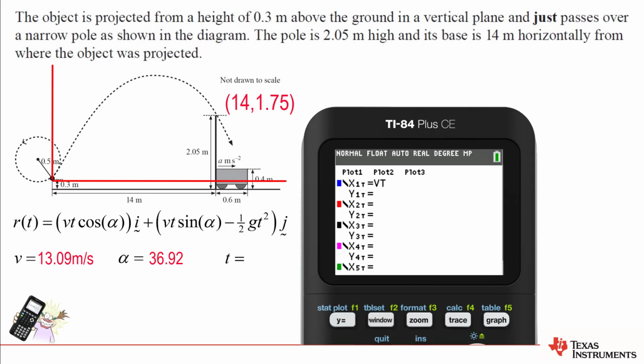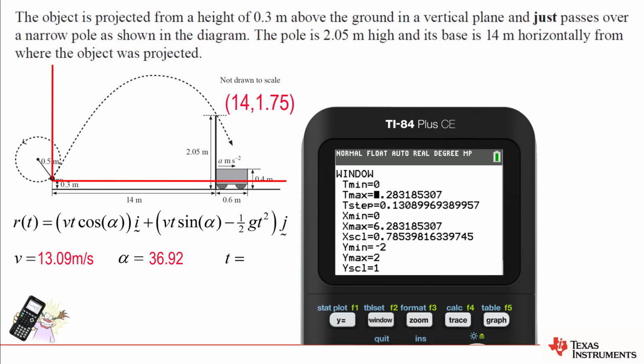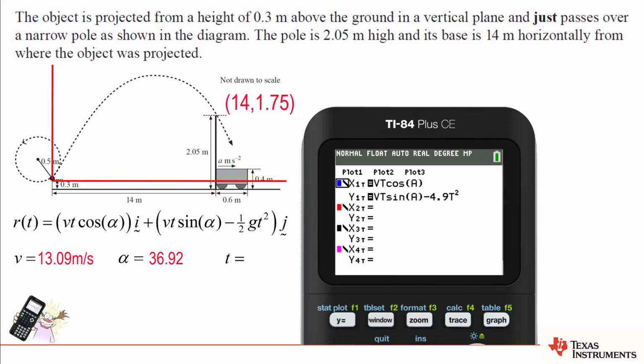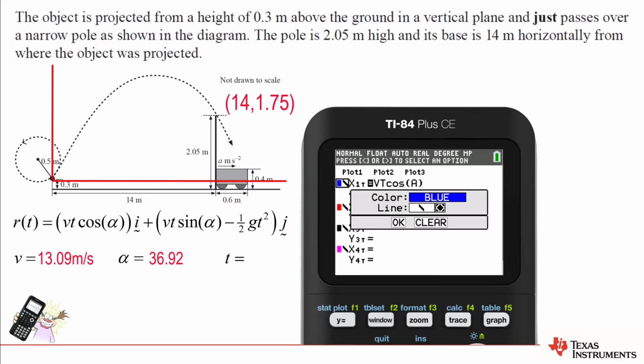I'll use the parametric mode on the calculator, storing the i component in x of t and the j component in y of t. Set the window dimensions and graph.